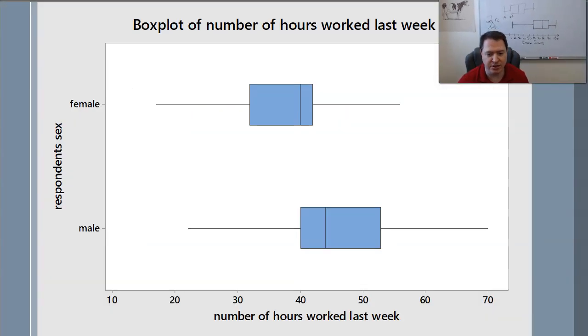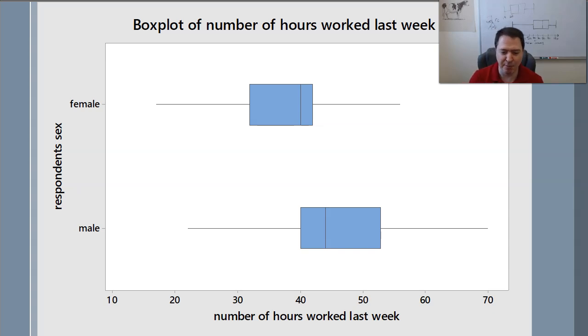Here's where we would do something like that: when we've broken our data into groups. So this is a box plot of the number of hours worked last week, broken down by the gender of the individual. And before we start making any claims about this, this is real data here, I just want to say directly, this is self-reported data.